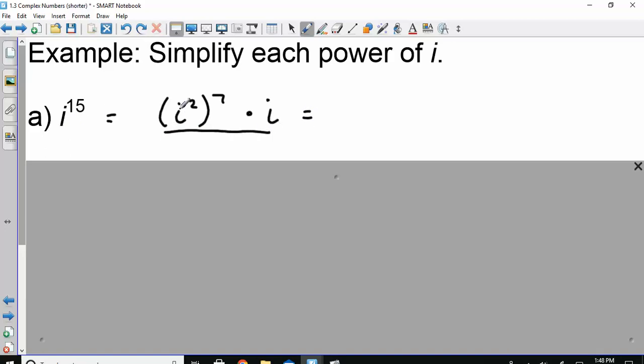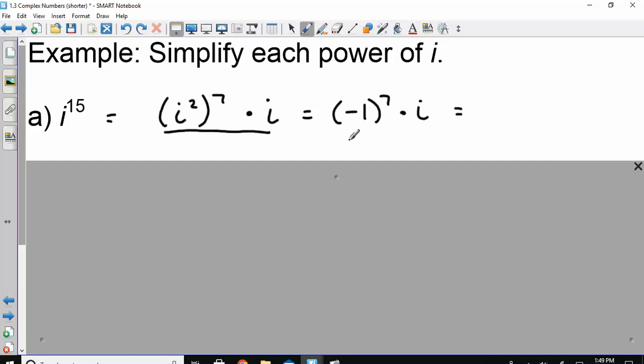All right, now we start simplifying. What is i squared? -1. What is -1 to the 7th power? If you use your calculator for this, make sure you put your -1 in parentheses, otherwise it'll give you the wrong answer every time.